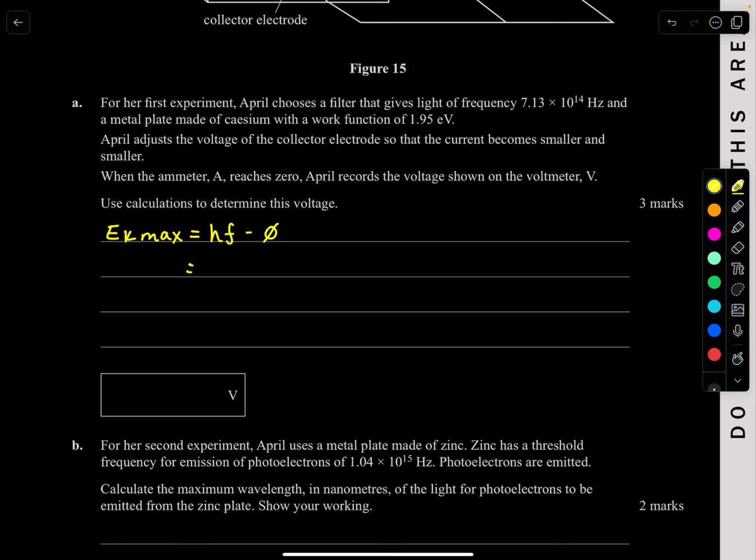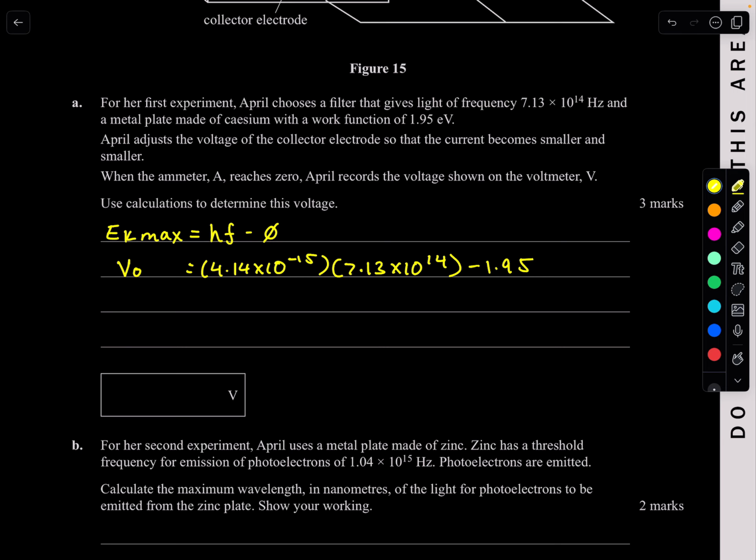We're given the work function, and we're also given the frequency. Of course, h is 4.14 times 10 to the negative 15. Your EK max is basically your stopping voltage in a way. So it's 4.14 times 10 to the negative 15 times your frequency, which we're given as 7.13 times 10 to the power of 14, minus your work function, which is 1.95.